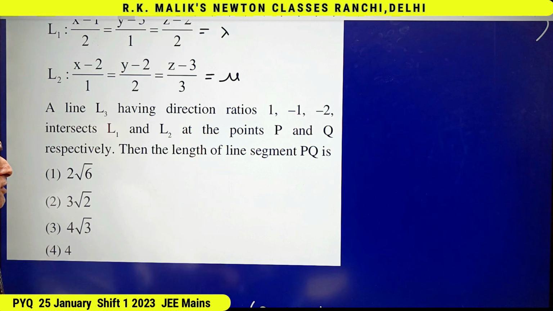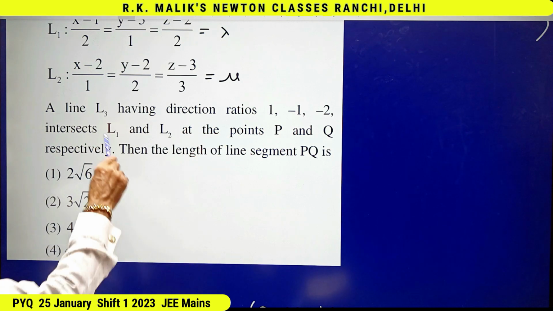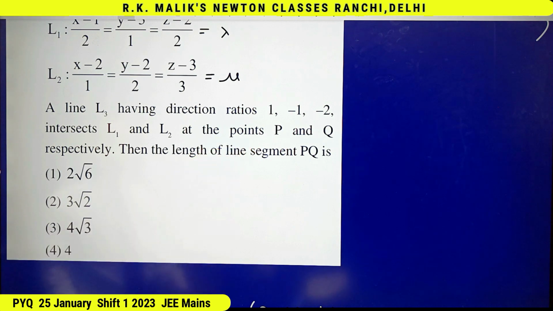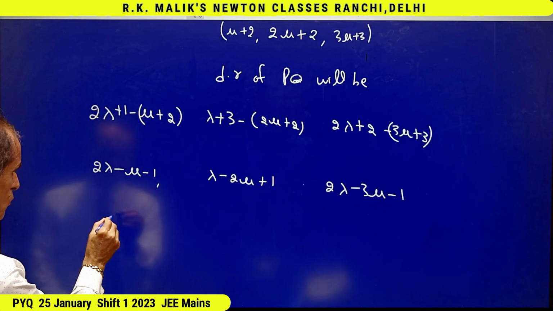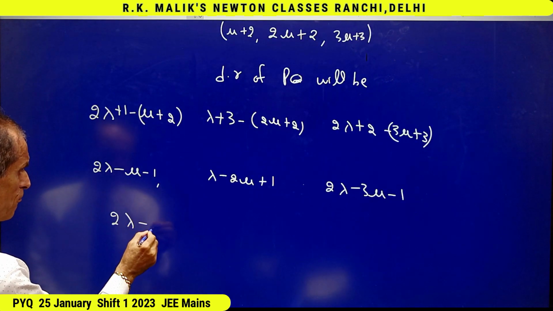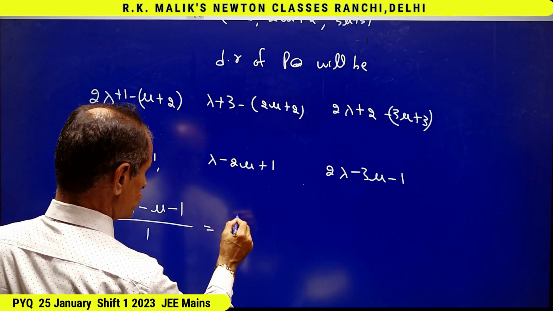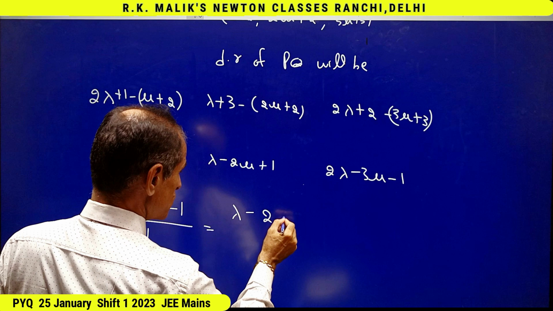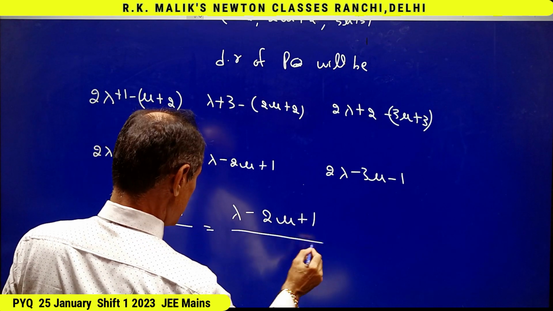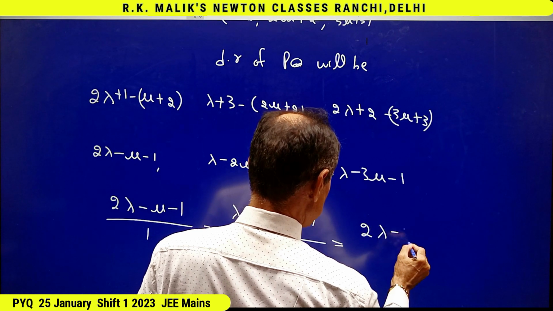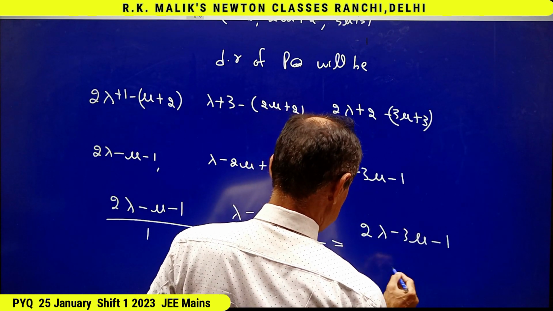Because L3 is passing through P and Q and L3 has direction ratio 1, -1, -2, I can say the direction ratio of PQ is also 1, -1, -2. Hence I can say (2 lambda minus mu minus 1) upon 1 is equal to (lambda minus 2 mu plus 1) upon minus 1 equal to (2 lambda minus 3 mu minus 1) upon minus 2.